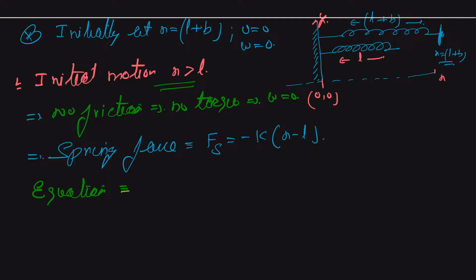Our equation will be mass times acceleration, where acceleration is the double derivative of x, equal to, because there is no other force, only spring force, minus K times x minus L.